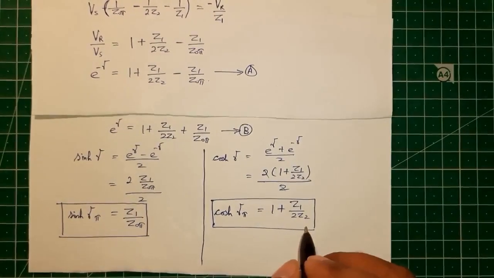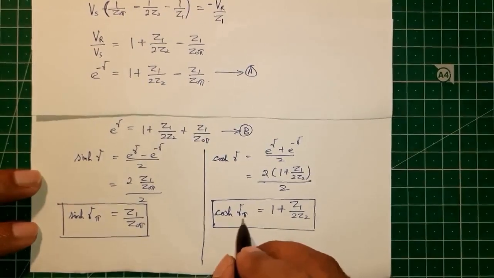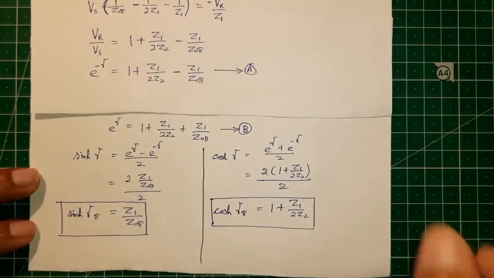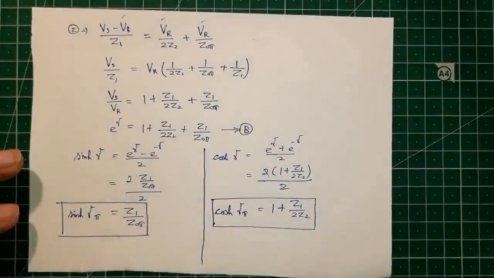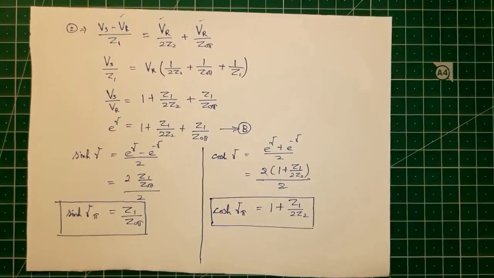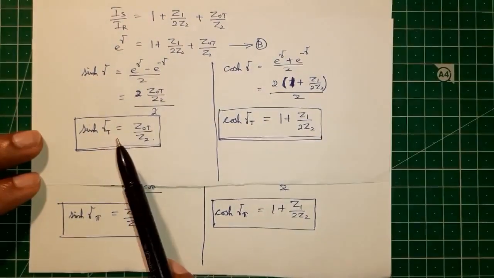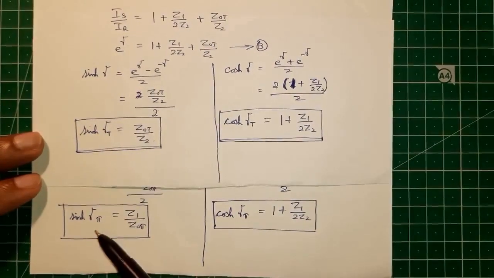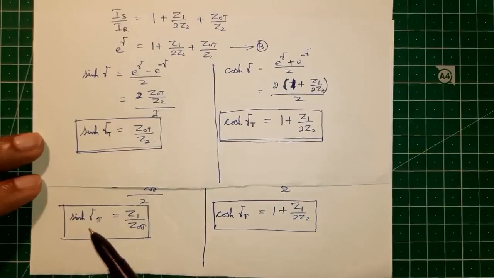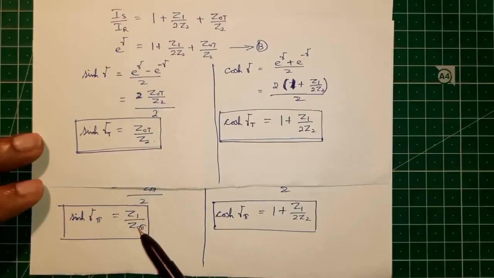So this is the result, where gamma pi is called the propagation constant for this particular pi network that we have taken. We should also recollect that for T network, sin h gamma T is equal to Z0 T by Z2, whereas for a pi network, sin h gamma pi is equal to Z1 by Z0 pi.